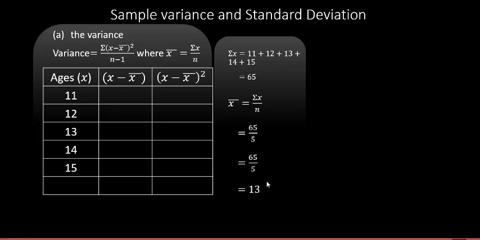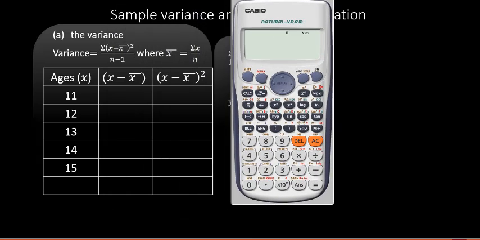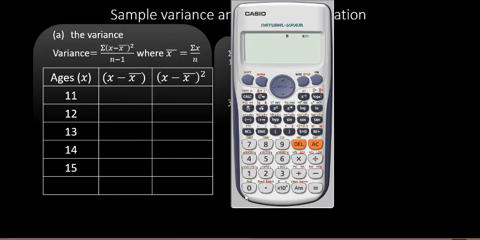Now the next thing we'll do is find our deviation, since we have gotten our mean. Remember, the deviation is gotten by subtracting the mean from each particular data value. Let's begin with the first, 11. To make your work easier, just type this expression.